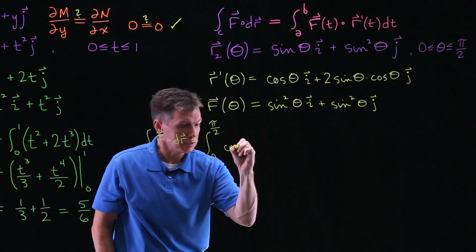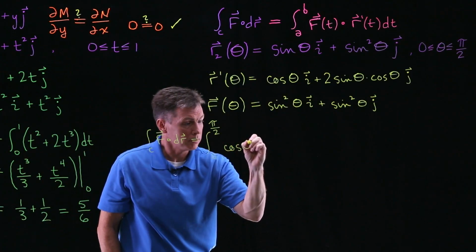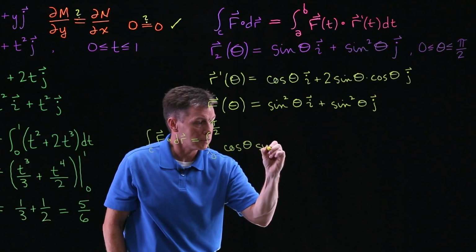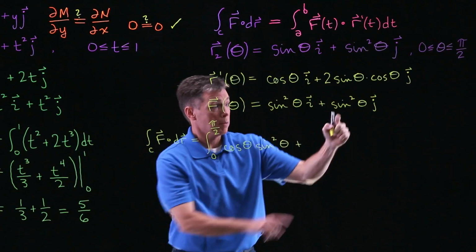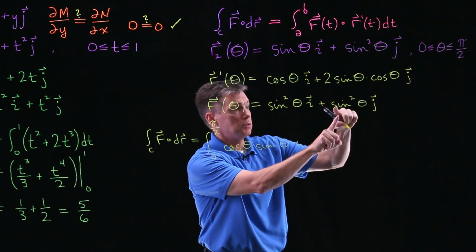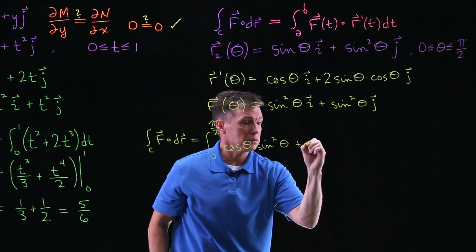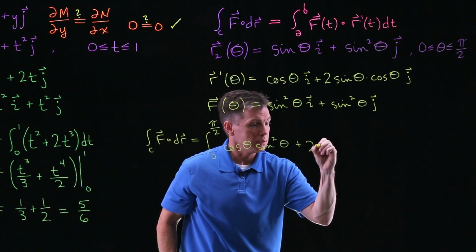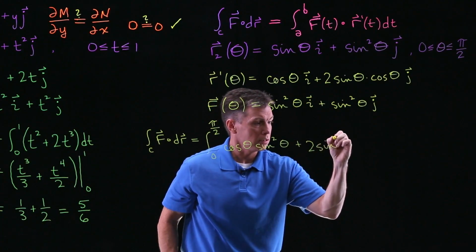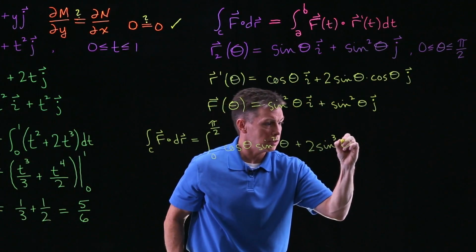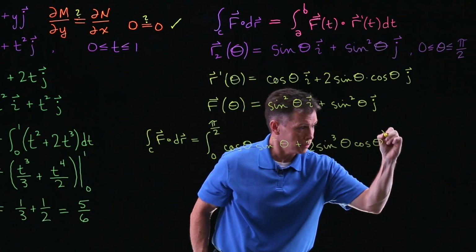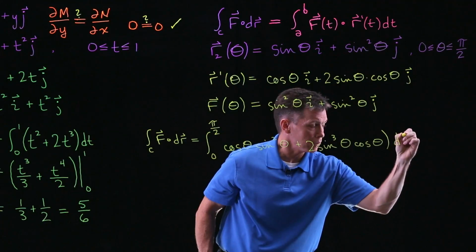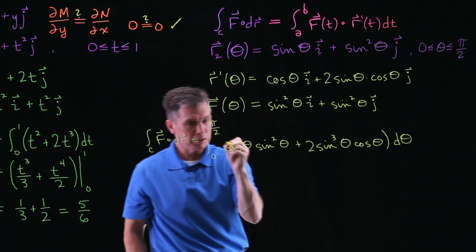So I'm going to have a cosine of theta times the sine squared of theta. I have to add multiplication of these two components. Looks like there's a 2 sine cubed of theta times cosine of theta, and all of that is times a d theta.